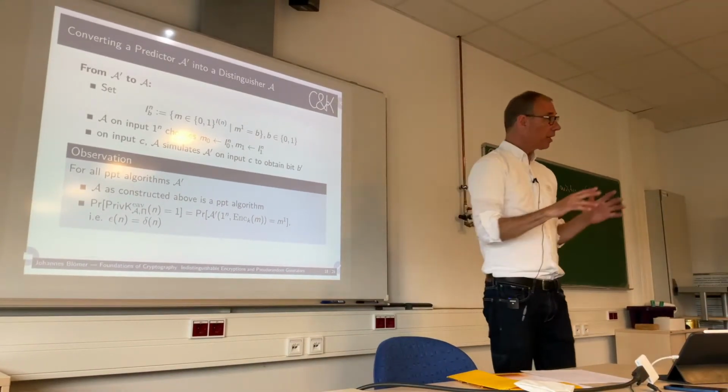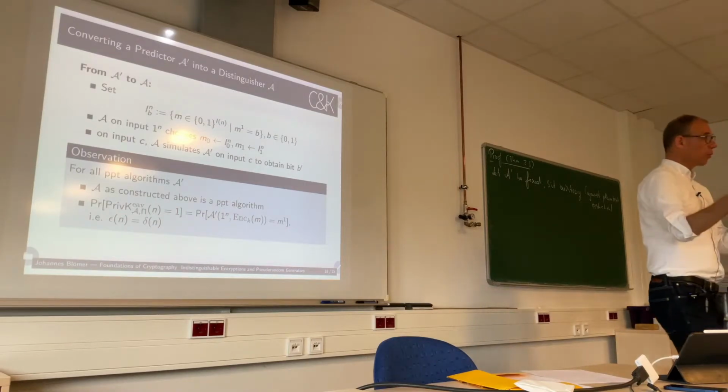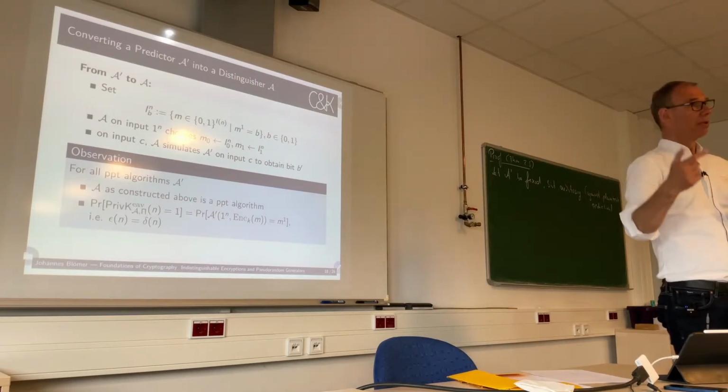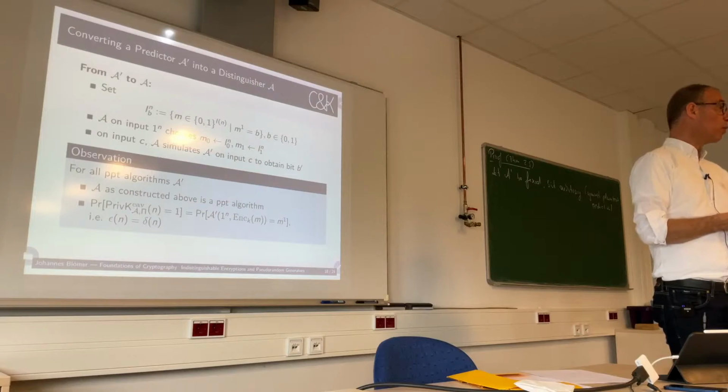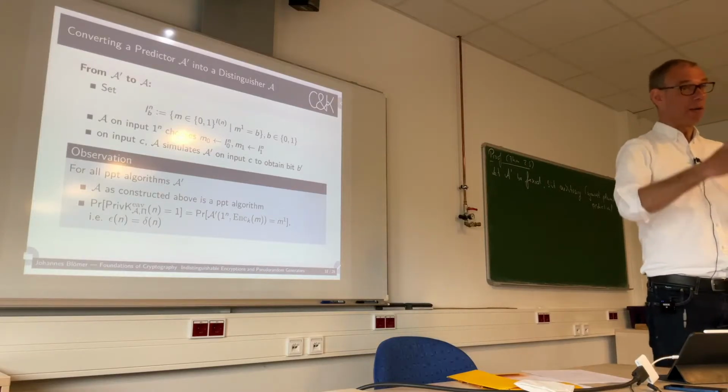And the second thing was we had to relate these two advantages to each other in such a way that if one is negligible, then the other is also negligible. In fact, what I will do here is show that both are the same. And then obviously, by my blueprint, I'm done.